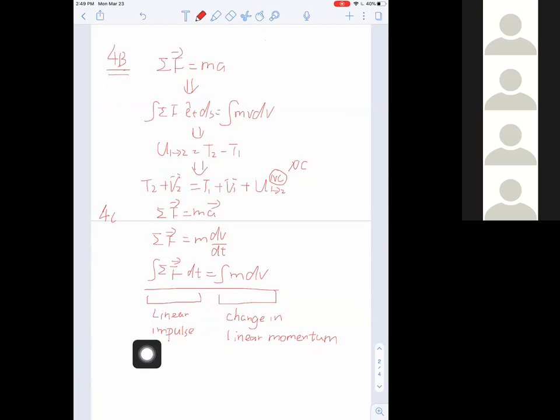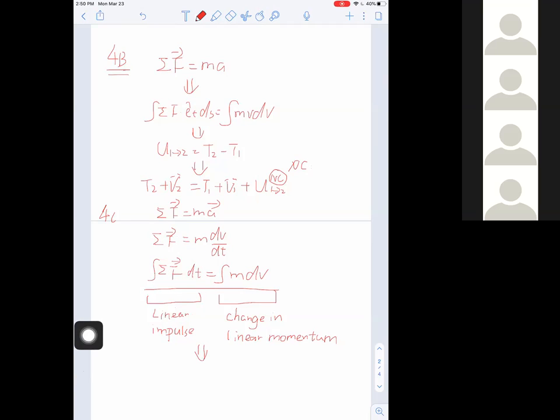We're going to use a totally new method to solve the problems. And this whole thing can be further simplified if we only care about the average force instead of the sum of all the forces.